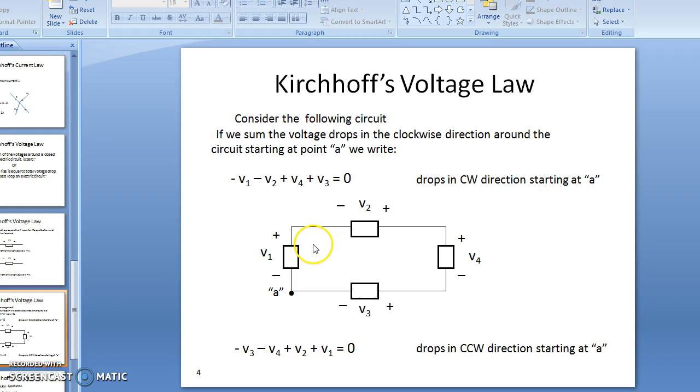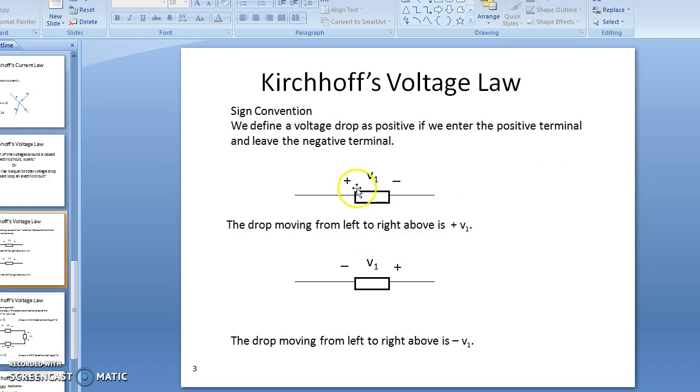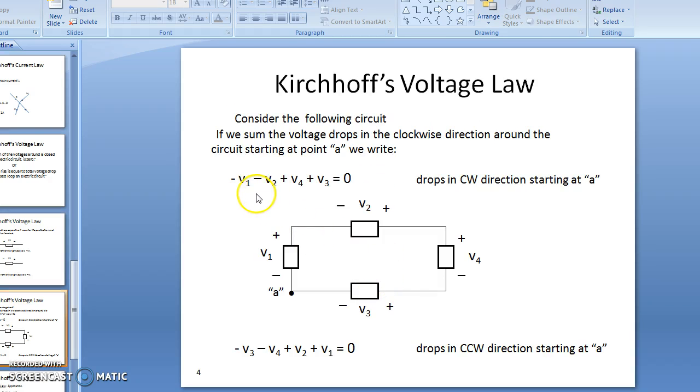Now applying Kirchhoff's voltage law to this loop and starting from A, following the convention stated here, we can write the KVL equation, Kirchhoff's voltage law equation, for the loop traveling in clockwise direction as: from A, it's first V1, as we are traveling from negative to positive, it's minus V1.